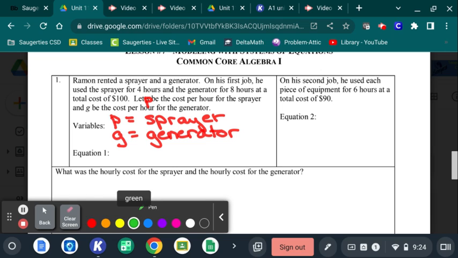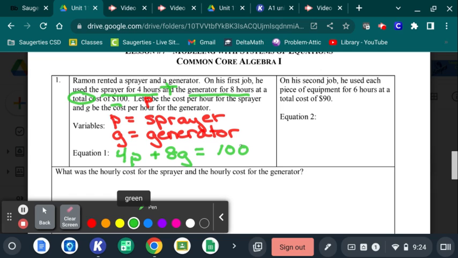So let's reread this now. On his first job, he used the sprayer for 4 hours and the generator for 8 hours. So I'm going to say 4 times the sprayer plus 8 times the generator total, and it says $100.